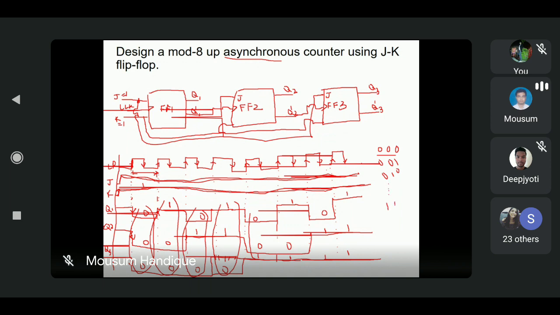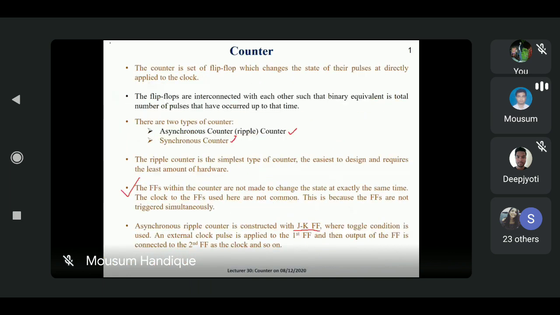So when you check the definition, which particular definition? The second statement: the flip-flops within the counter are not made to change state at exactly the same time. The flip-flops are interconnected with each other such that the binary equivalent is the total number of pulses that have occurred up to that time.